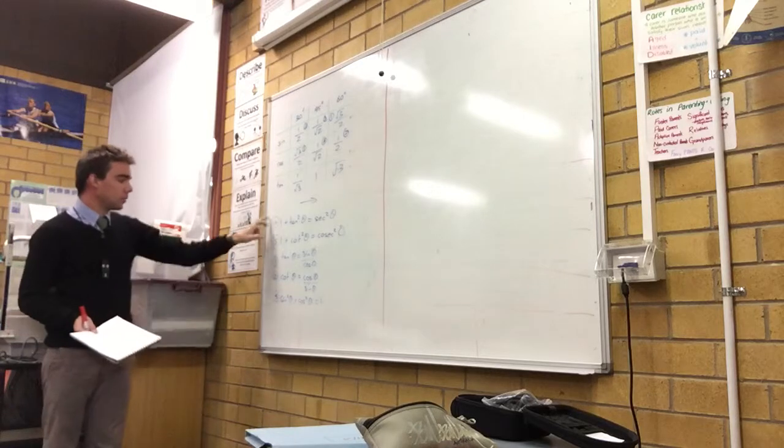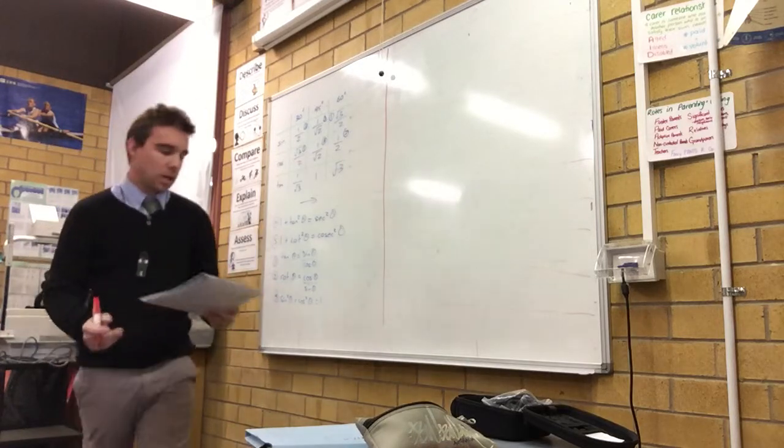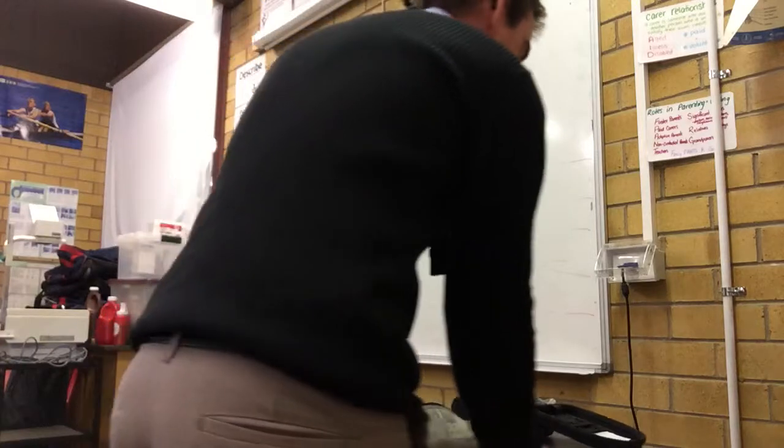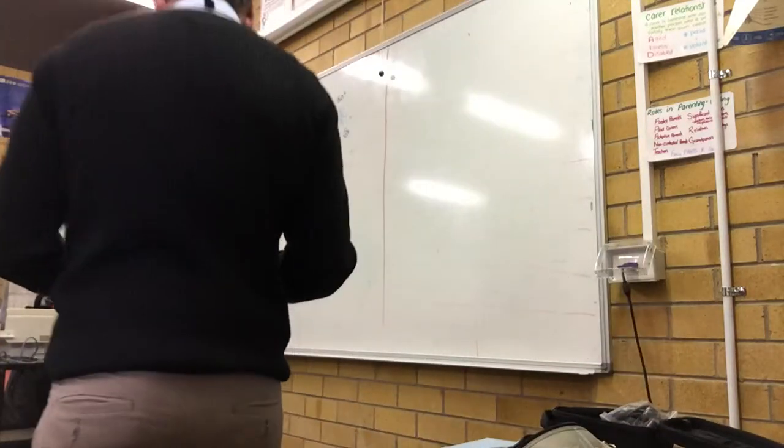Right, so last lesson we looked at these 5 identities, and we started to do some proofs. So what I'll do is I'll do that first proof again.